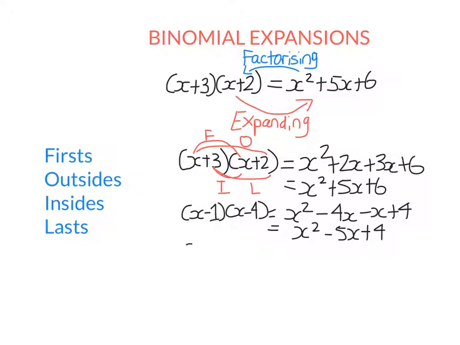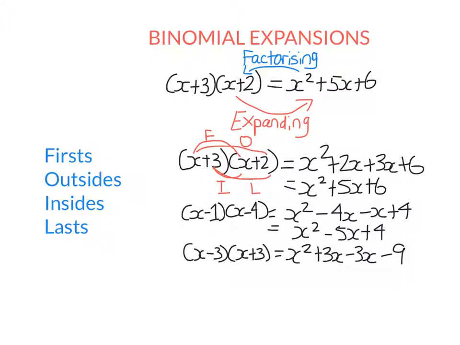So this kind of expansion, where you have the same thing in each bracket, but one has a plus and one has a minus, we'll see that that simplifies quite nicely. So firsts, then outsides is x times positive 3, insides is x times negative 3, and then lasts is minus 3 times positive 3.